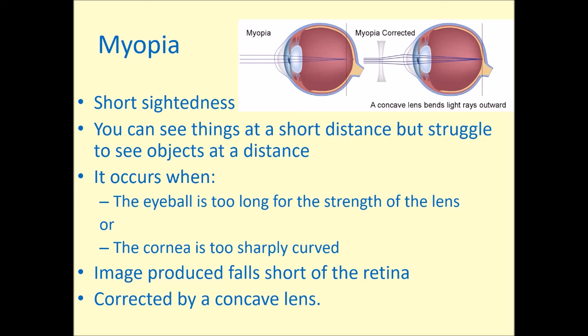Generally this happens because your eyeball is too long, or the cornea is too sharply curved, so the light is refracted too much and doesn't focus on the retina. You can see here that someone is using concave lens glasses to correct that. So you are diverging the light somewhat.